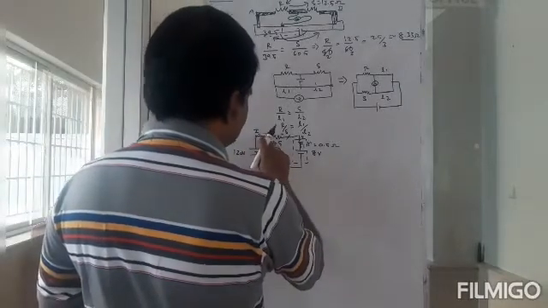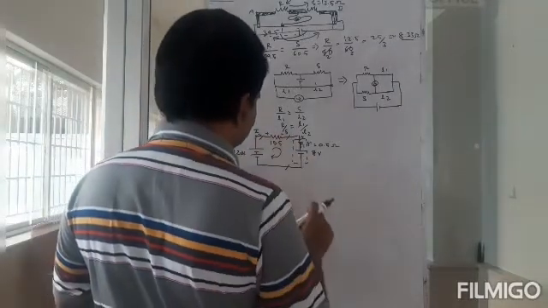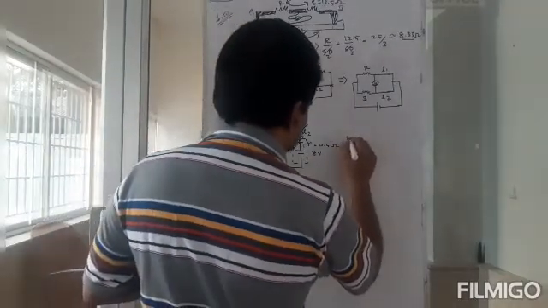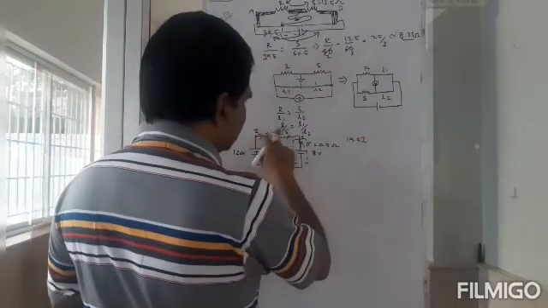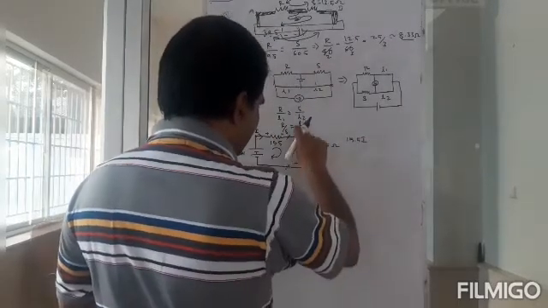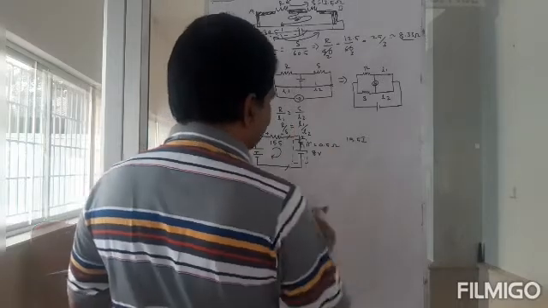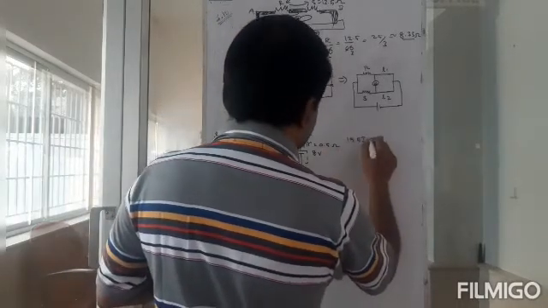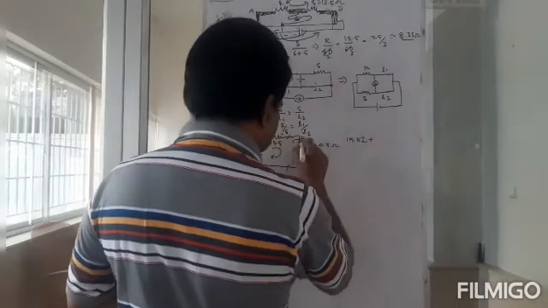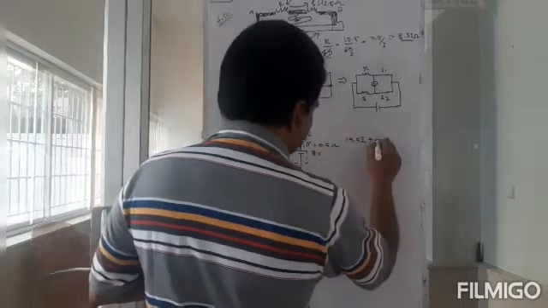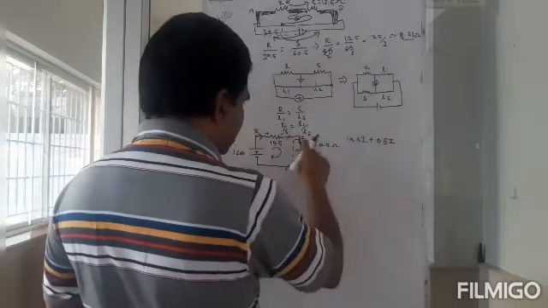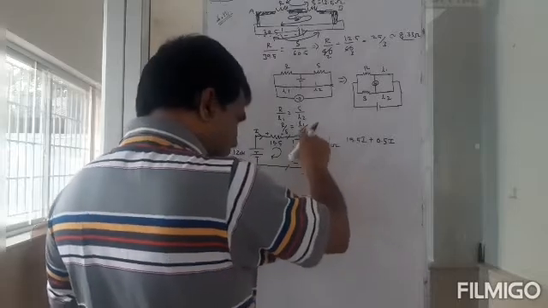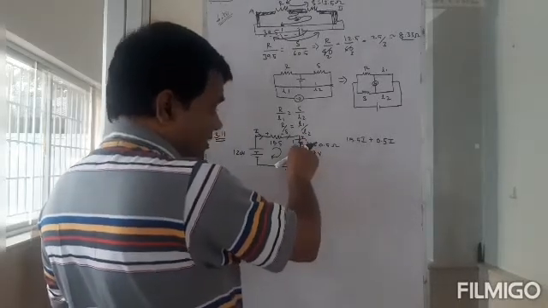So what am I going to get now? I'm starting here. So I into 15.5, 15.5 into I. That is positive because I'm entering through the positive terminal. And then I'm going to enter through this, right? Okay, good. So that is 0.5. So that is also plus. I'll enter here plus, right? So 0.5 into the same I. And then I'm entering through this battery at the positive terminal.